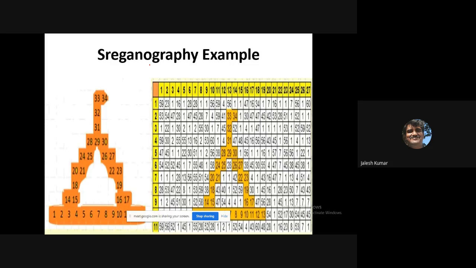Here the importance is not just to convey the particular text, but to convey the diagram also. The arrangement fashion will deliver the particular diagram also. So that's what they are giving in this particular example.